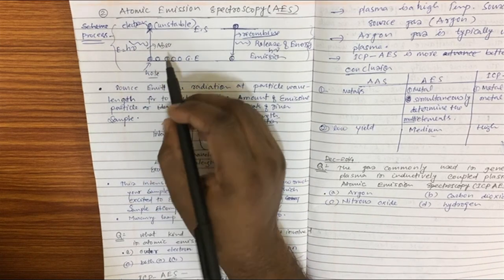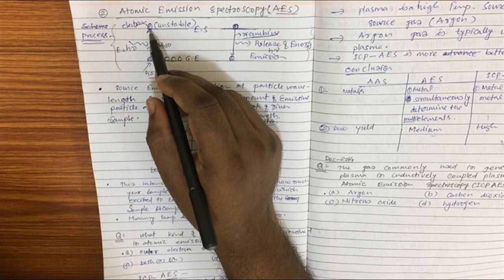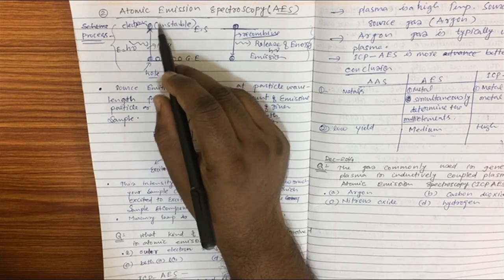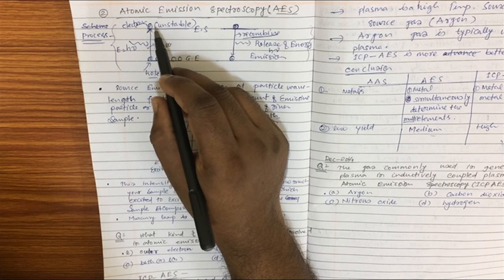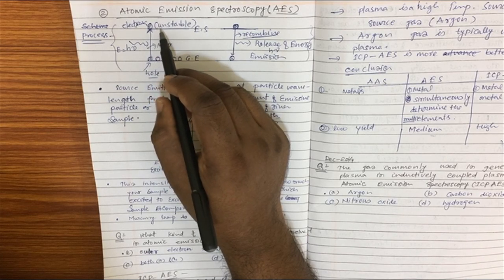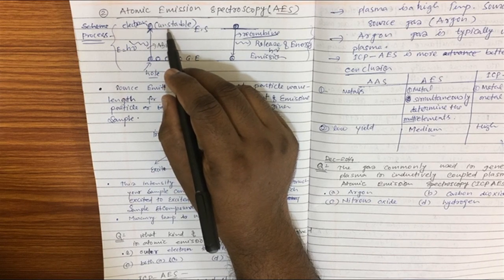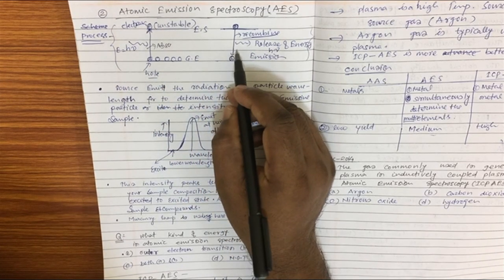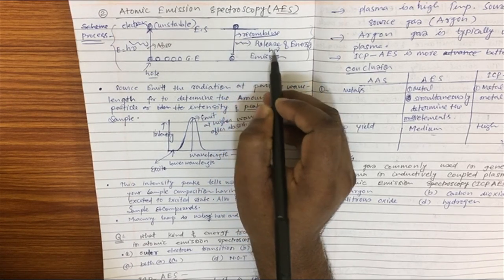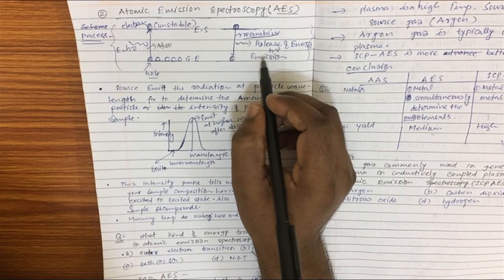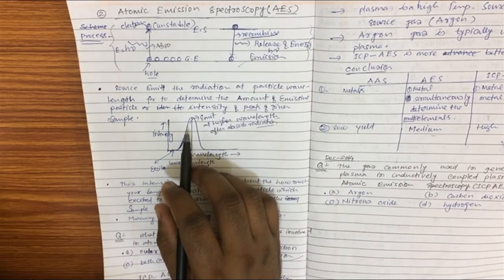First you excite the molecules, and they go to the excited state due to gaining higher energy, that's why it is unstable. So for getting stability, it again comes back to the ground state, so it loses some energy. This process is known as emission.